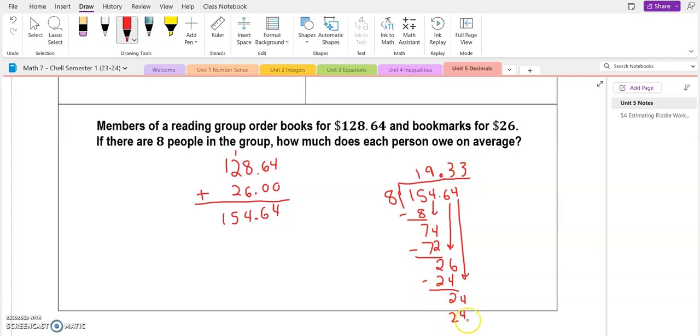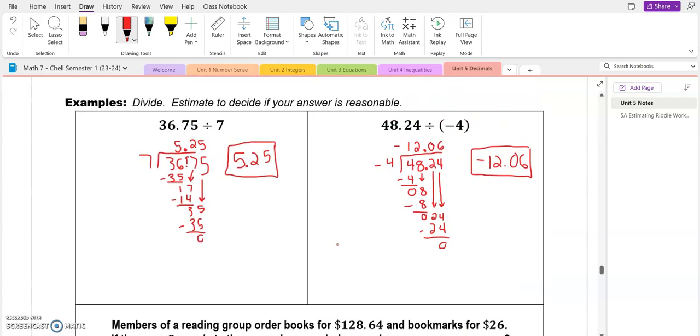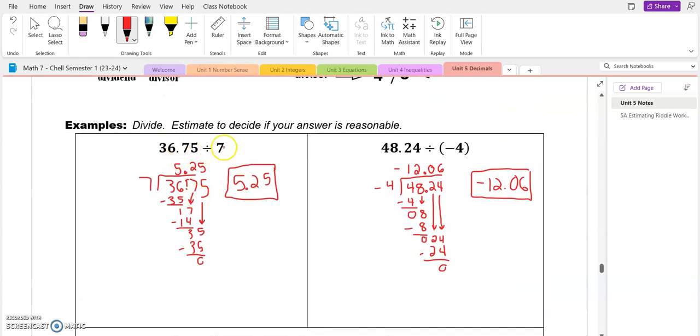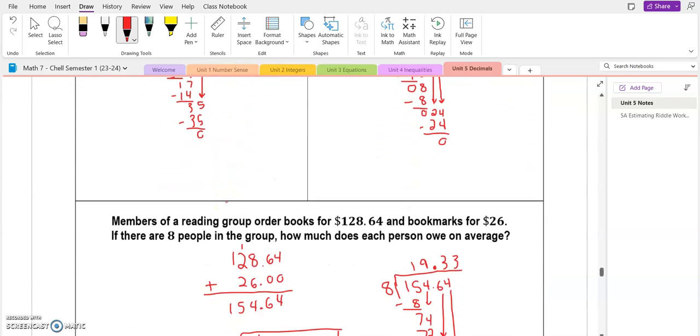Get your 24, get your 0 left over, and that means each person is going to get $19.33. Let's put our label here at the front. There we have it, 19.33. So that is how you divide a decimal by an integer, just by a normal number.